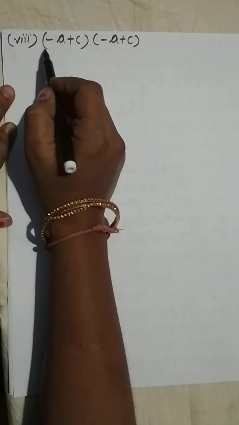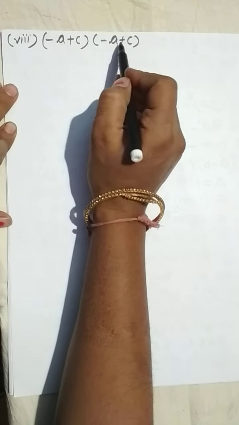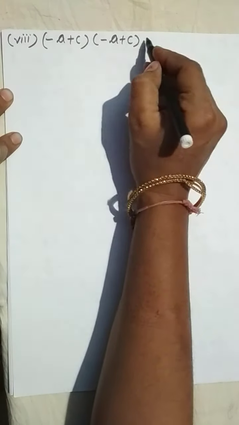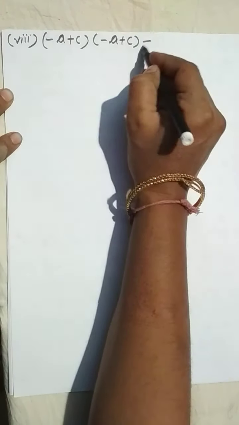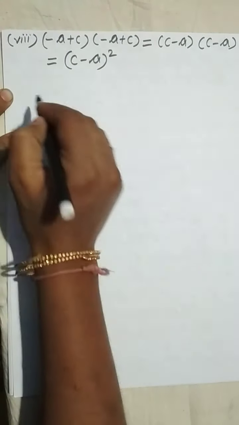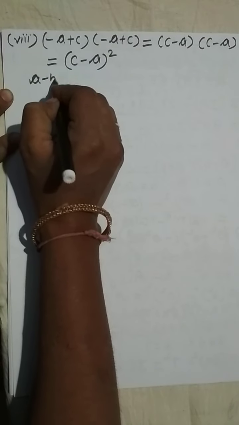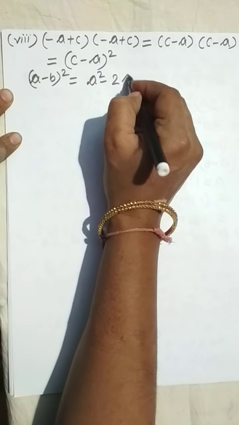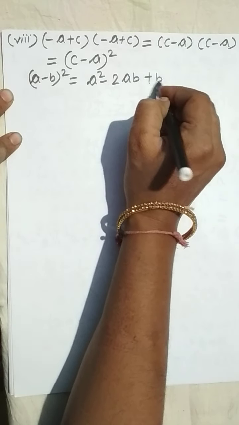Next part is (minus a plus c) into (minus a plus c). Now we will just arrange the terms as (c minus a) into (c minus a), so that it can be written as (c minus a) whole square. Now this is the kind of (a minus b) whole square, which is equal to a square minus 2ab plus b square.